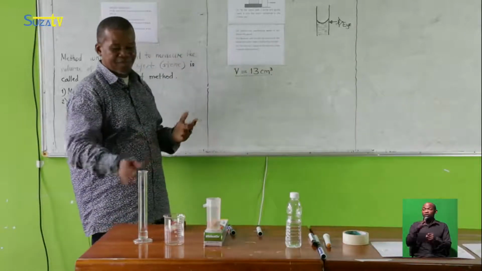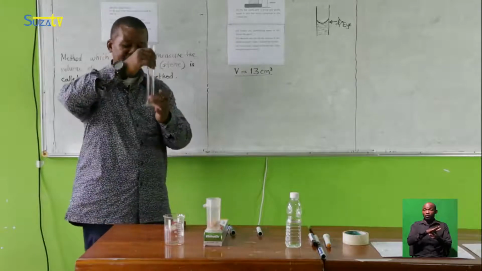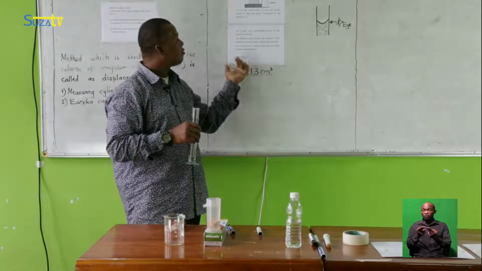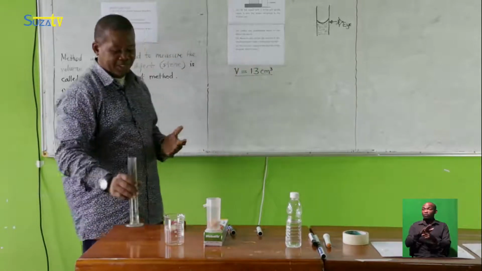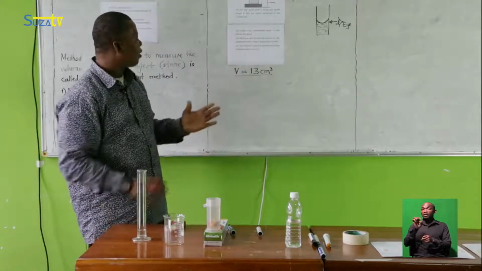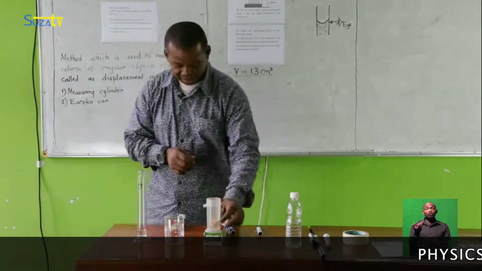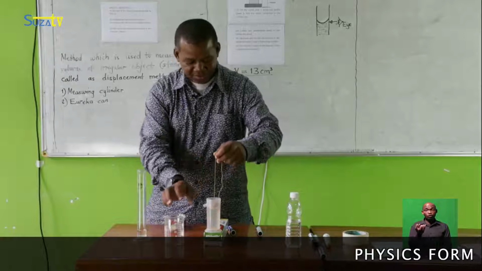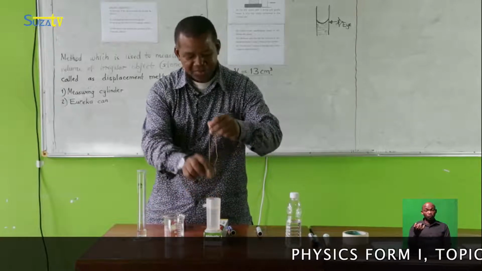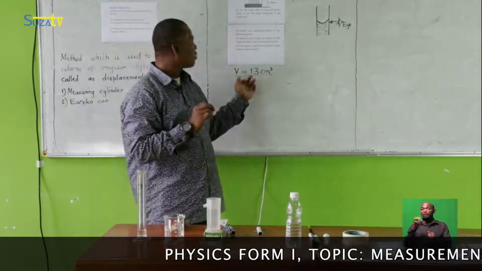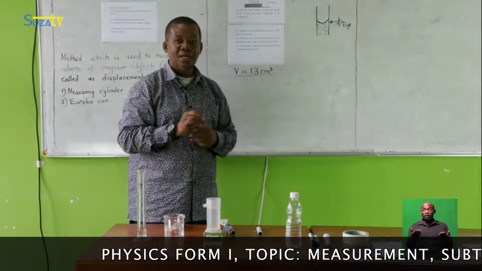This volume taken from the measuring cylinder is equal to the volume of the irregular object. Our irregular object is the stone. So this is our stone. The volume of this stone is equal to 13 centimeter cube.